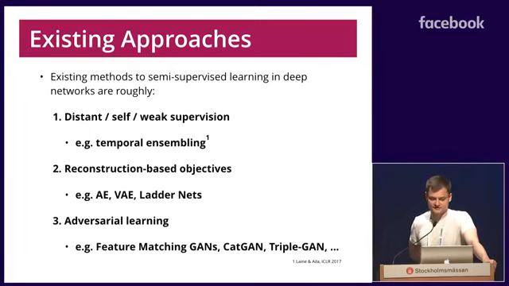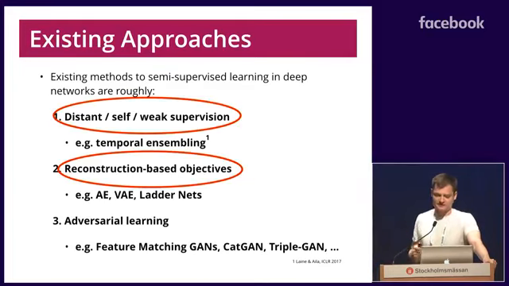Secondly, there are broadly approaches based on reconstruction. They use, along with the main task, another secondary objective based on a reconstruction task. This could be autoencoders, variational autoencoders, and ladder networks. And thirdly, we have adversarial nets, which are quite popular recently. In this category, we have things like feature matching GANs, CAT GANs, triple GANs, and a whole lot more.